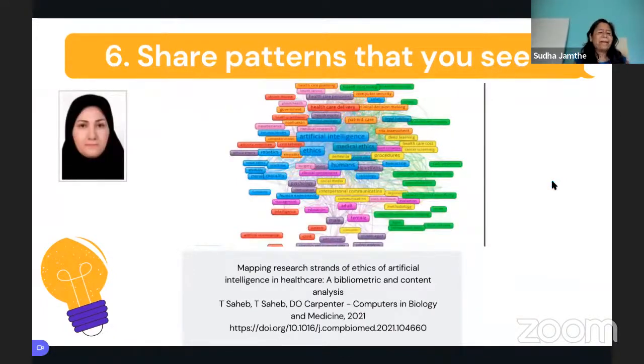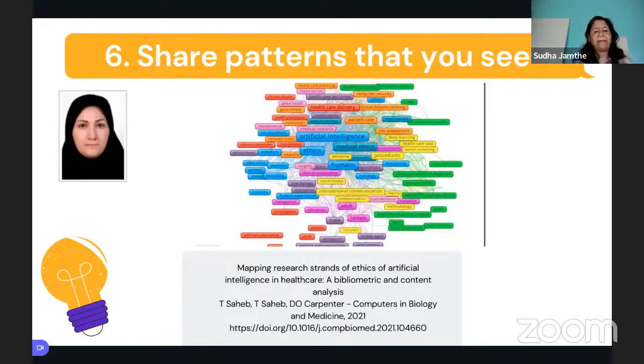Here is my friend, Dr. Tahera Sahib. She goes by Sonia. Professor Sonia from Iran actually has a superpower. She looks at patterns. A lot of her research papers are bibliometric papers. What it means is she would take a lot of papers that are out there and map them and look for patterns.